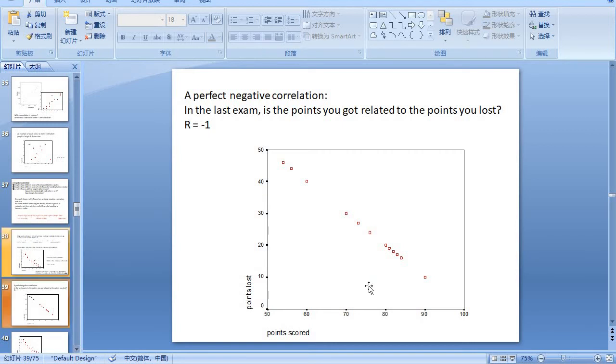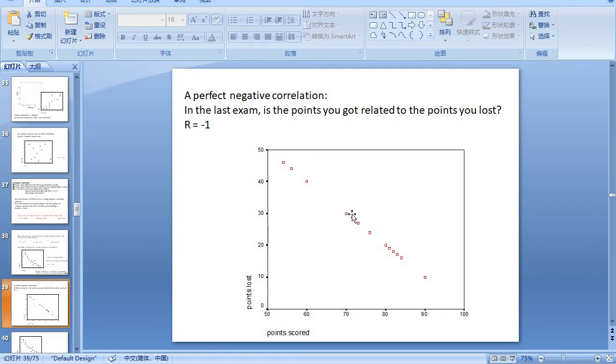In a perfect negative correlation, you are also measuring pretty much the same variable. For example, you have an exam, the full score is 100 points. If you know that you get 70, do you know how many points you lost?